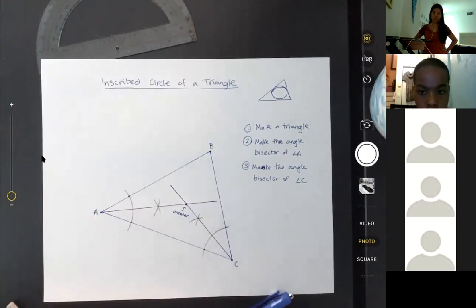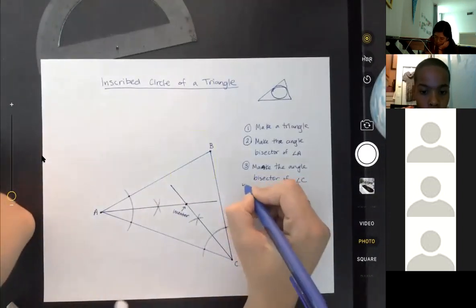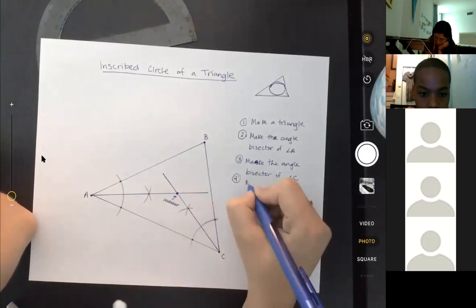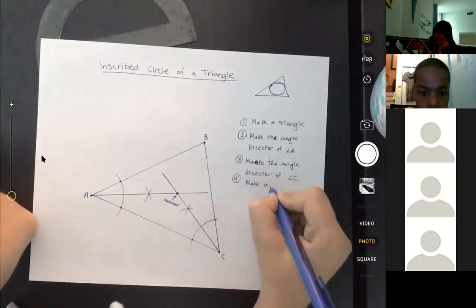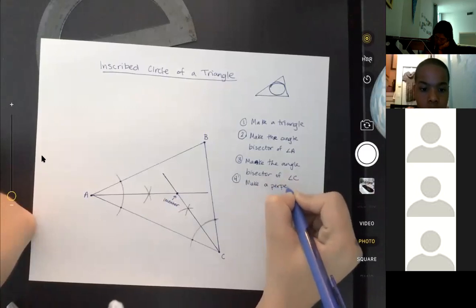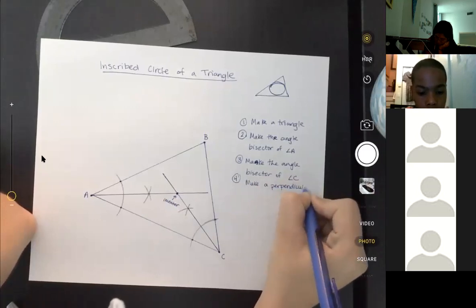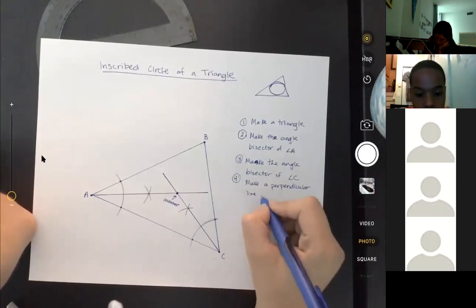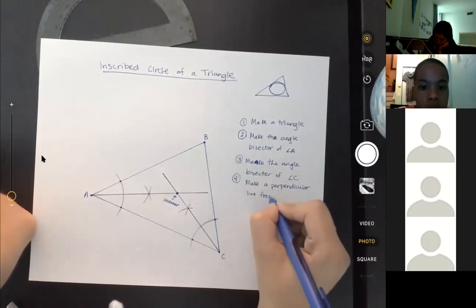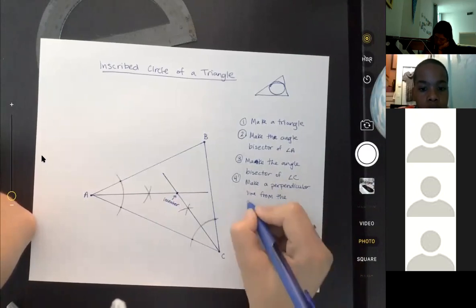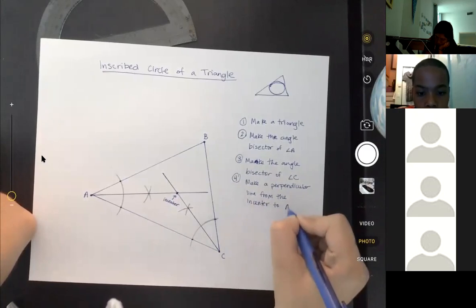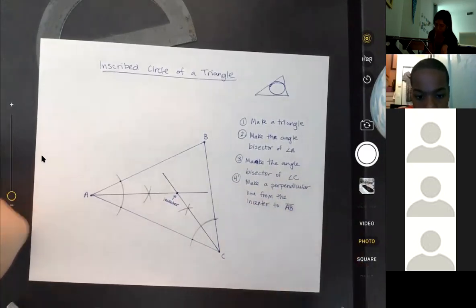No, I understand. Cool. So here's step 4. Now that we have the in-center, we're going to make a perpendicular line from the in-center to AB.